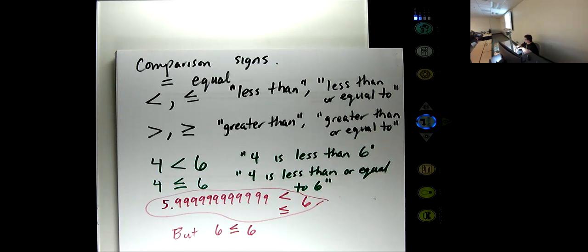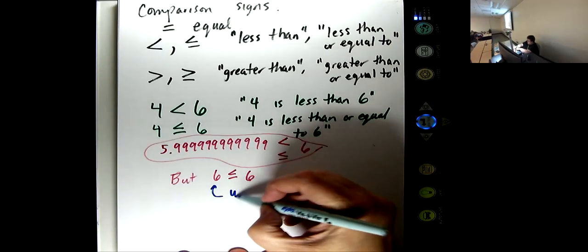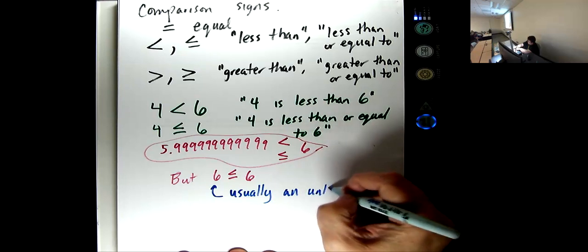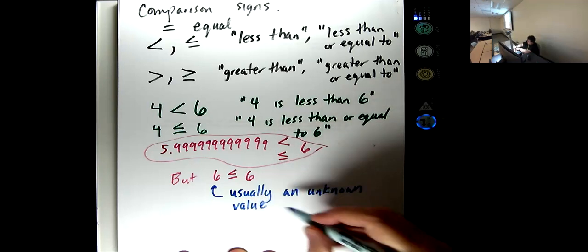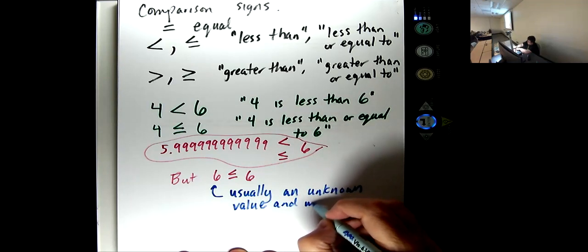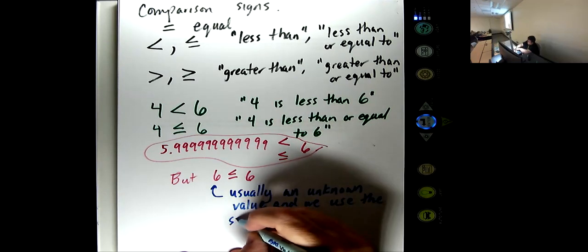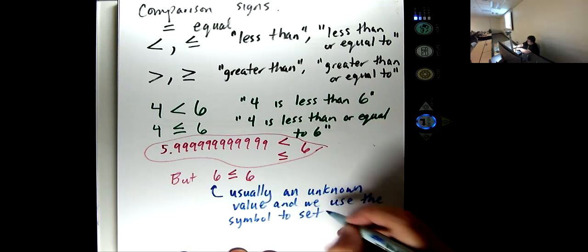Now, this seems kind of silly because you would say 6 equals 6, right? The problem is usually one of these is an unknown value. And we use the symbol to set a maximum value for it.